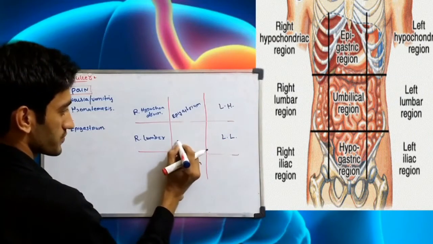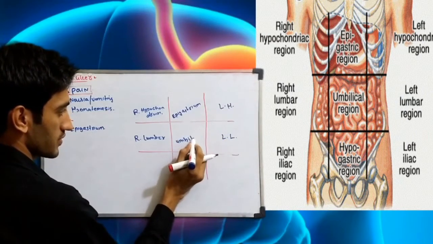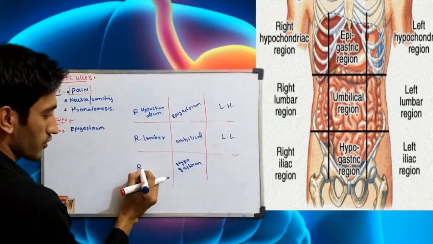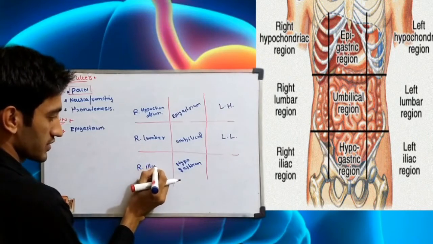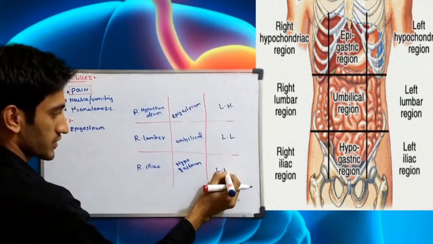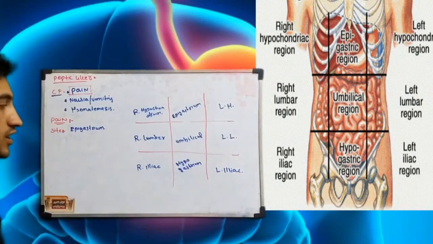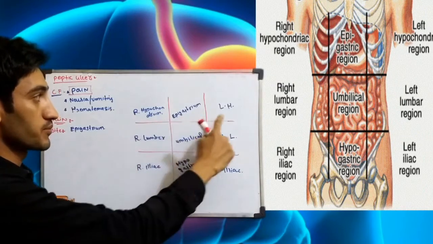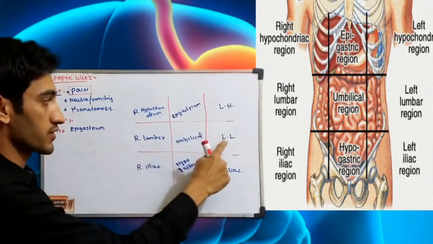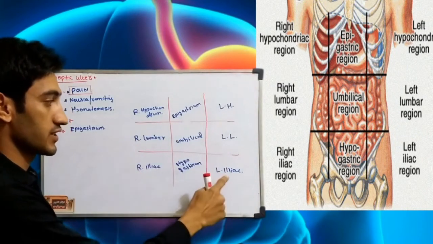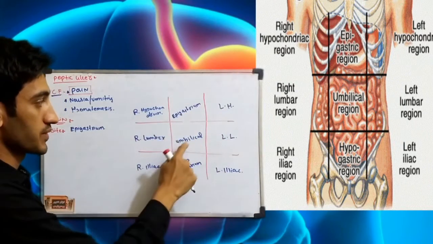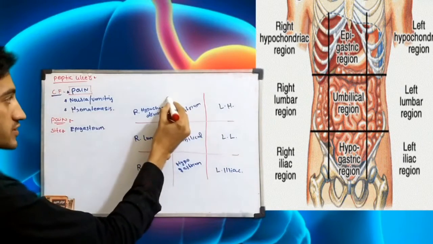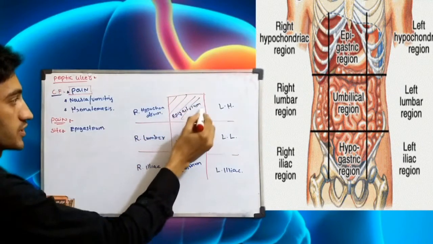This one is called the umbilical region, and this one is called the right iliac region, and this one is called the left iliac region. So our abdominal cavity is divided into right hypochondrium, left hypochondrium, right lumbar, left lumbar, right iliac, left iliac, epigastrium, umbilical, and hypogastrium. So now we come to know that this area is called the epigastrium.